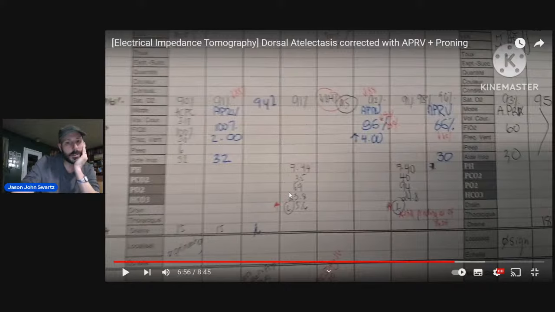Then we have a 7.44, 35 CO2. Stretch out my time high to 4 seconds, wean the FiO2 to 85, get a 7.40 and a 40 CO2, wean the oxygen to 65, down to 60% FiO2.